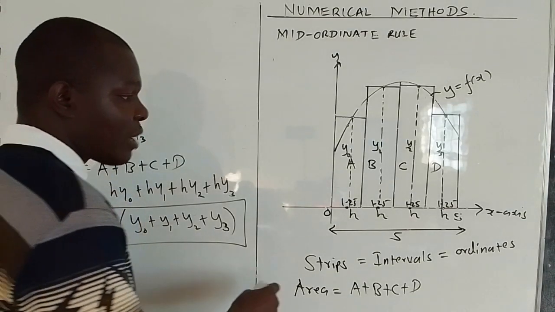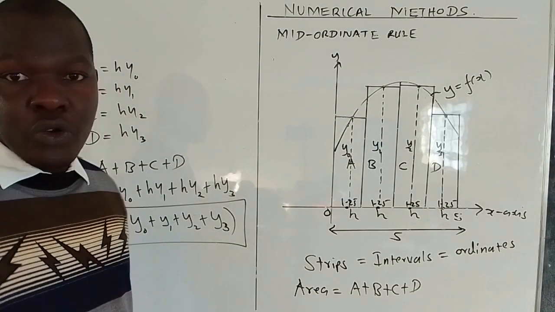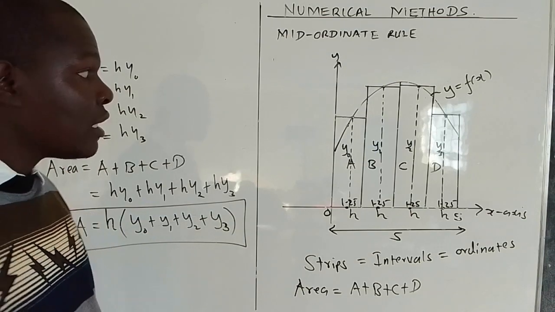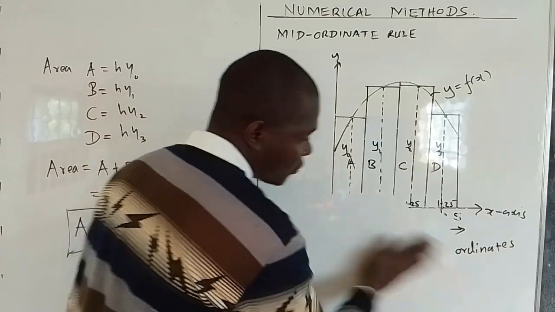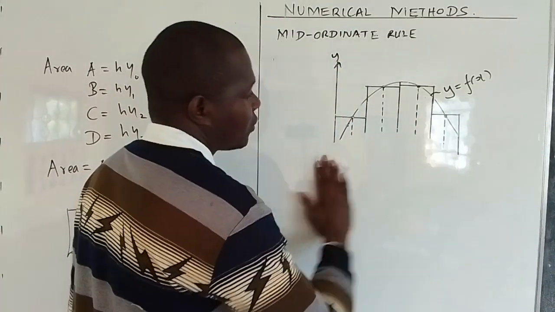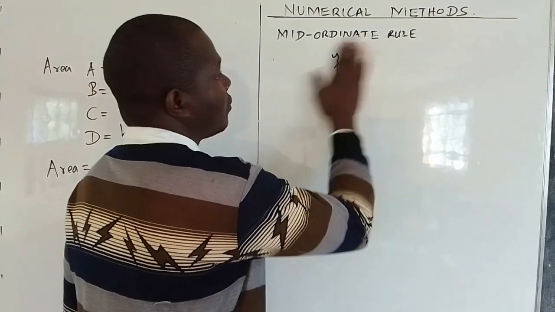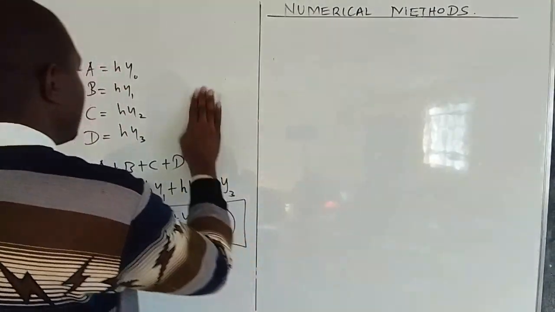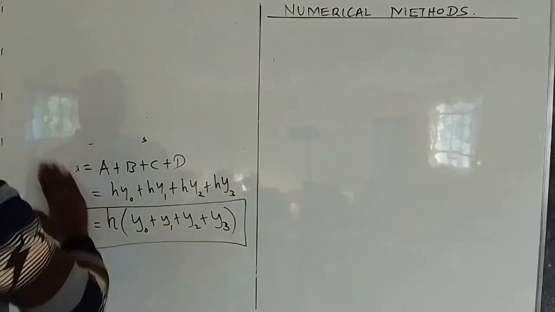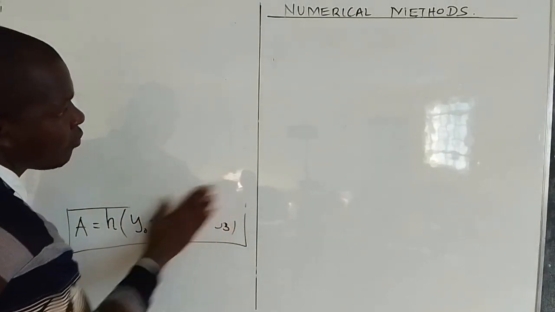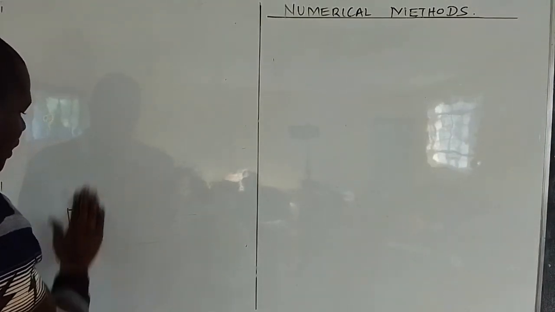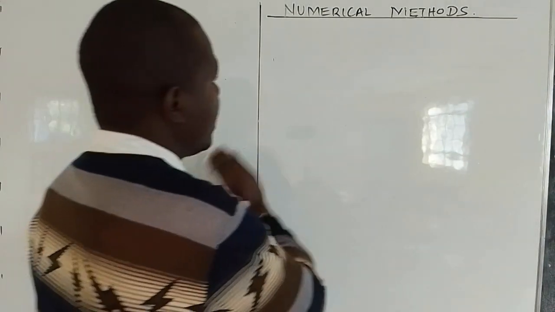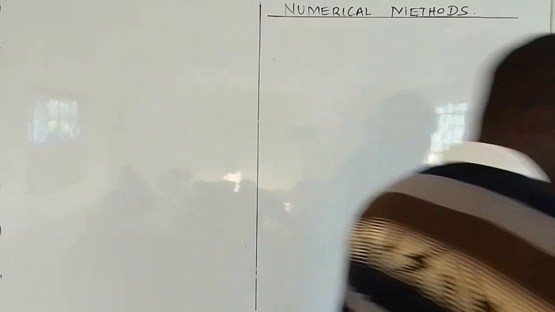So let us go to the trapezoidal rule, and we see what now happens with it.